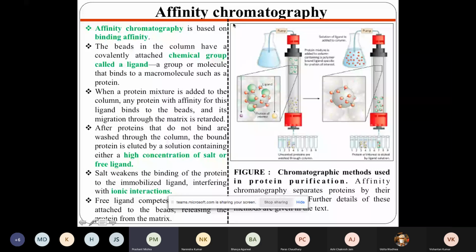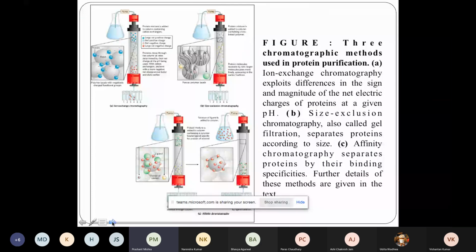And so let's talk about how these three types of chromatography differ from each other. First, here we have shown how ion exchange chromatography is important. If I know that my protein of interest is a charged one, then I will use the technique called ion exchange chromatography. There is another technique, which is gel filtration.